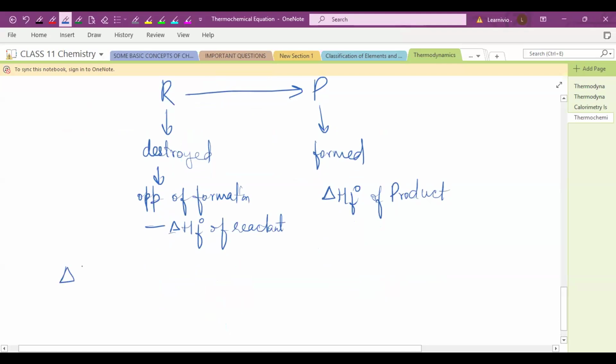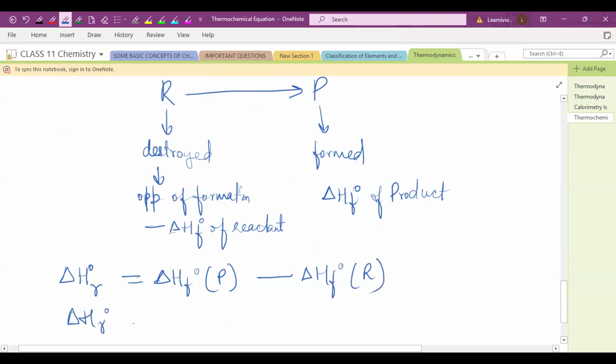Now overall, the change in standard enthalpy of the reaction will be delta HF naught of products minus delta HF naught of the reactant. So here you can derive a formula. So summation, okay.